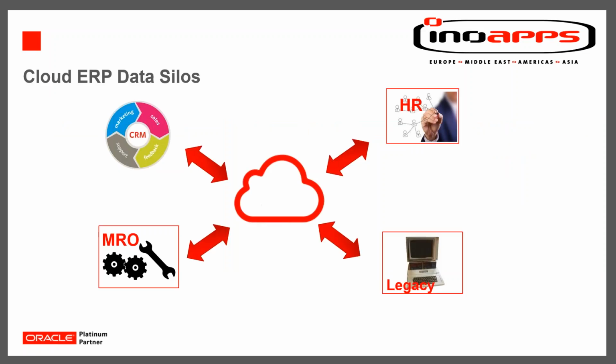The simple reality is that many organizations have HR or CRM or maintenance repair type applications from other vendors, and those solutions need to talk to your cloud ERP. If you have HCM or finance delivered as the central core to your organization, those applications need to talk to these various other legacy applications. And the box in the bottom right-hand corner is a key one.